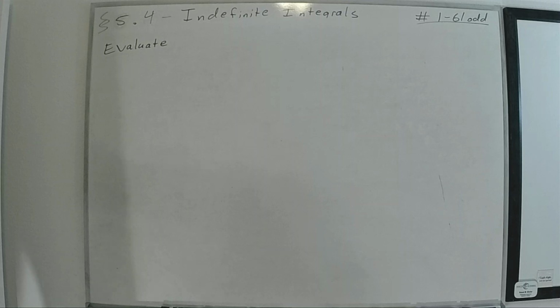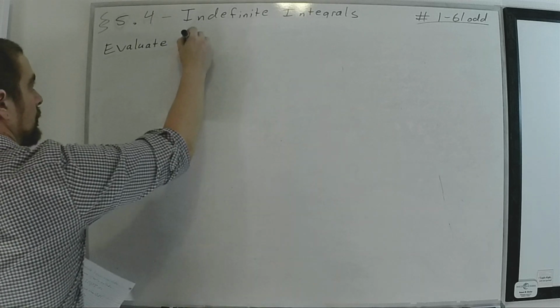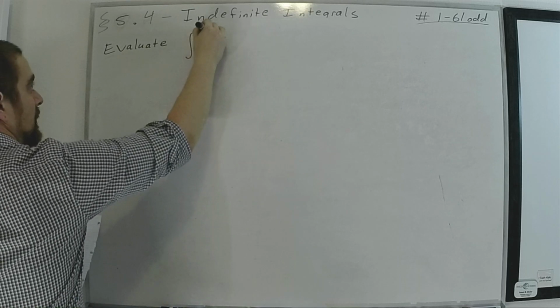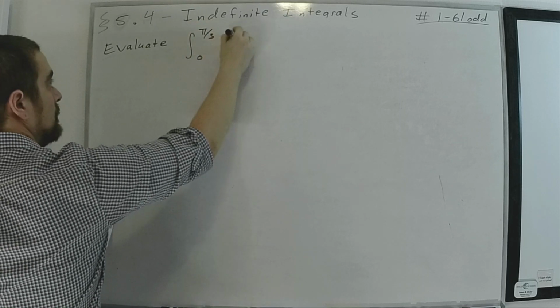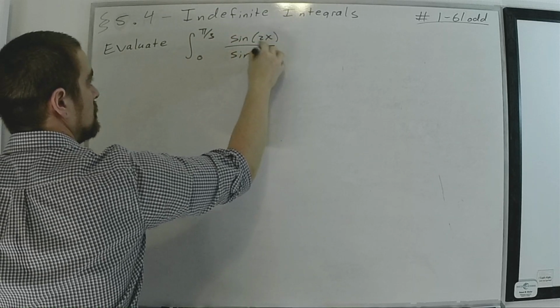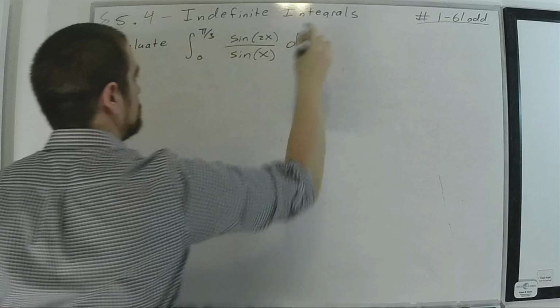So just a couple more examples, not to let this drone on for too long, and it's actually not a very long section. But I wanted to throw this in there. Evaluate from 0 to pi over 3 sine of 2x over sine of x with respect to x.